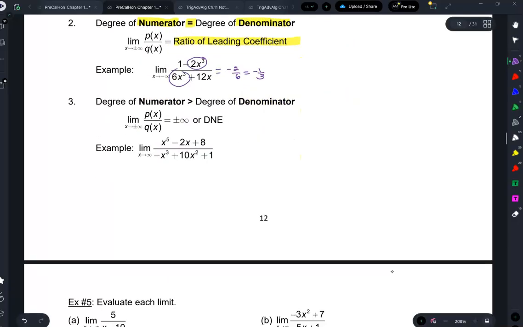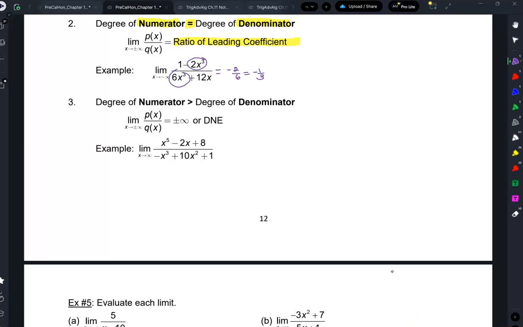Here, if the numerator has a higher degree than the denominator, then this over this, what do you think? So now this is going to reduce to -x², and then as x approaches infinity, is it going to go to infinity or negative infinity?